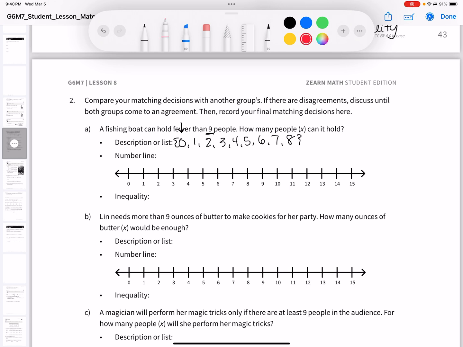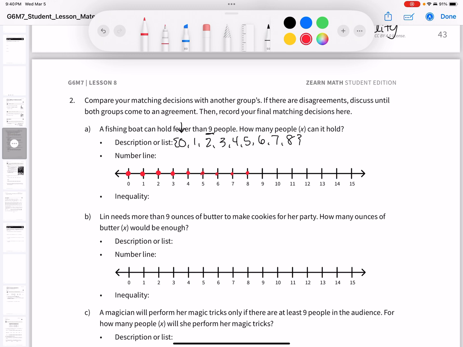Well, you can have 8, you can have 7, 6, 5, 4, 3, 2, 1, or 0 people. So that's what that number line is going to look like.